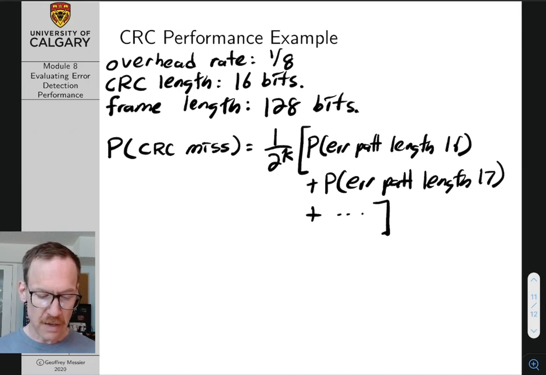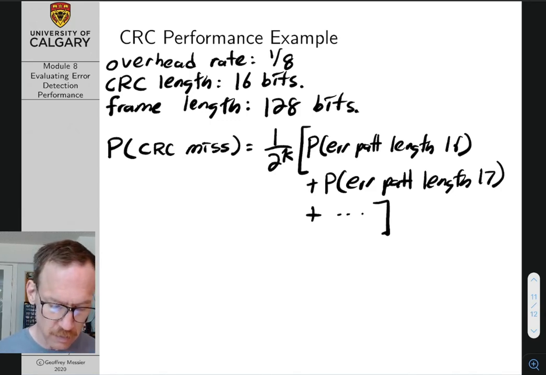Now, what I want to do is talk a little bit more in detail about how to figure out the probability of having an error pattern of a certain length. Because, let's say, for example, we had an error pattern of length 3. That's not the same thing as having 3 bad bits, right?